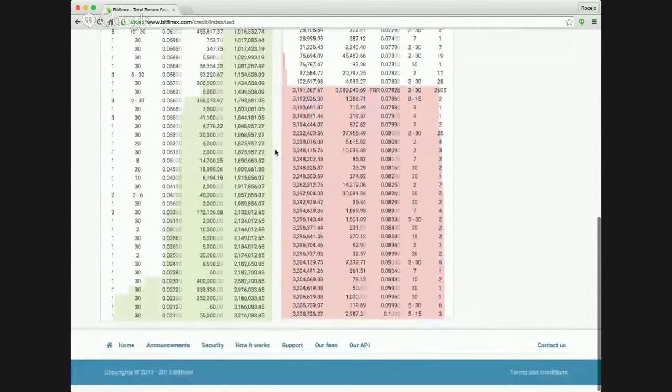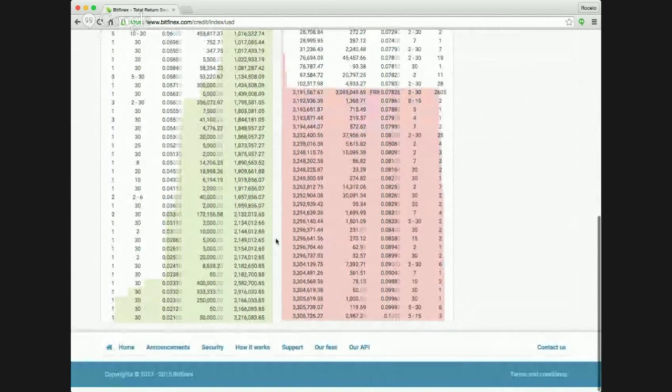If you go all the way down, even if people are paying 0.02% a day, which is not horrible, it's still better than nothing. We're talking about a need of $3.2 million on the platform for them to get investment, all right?